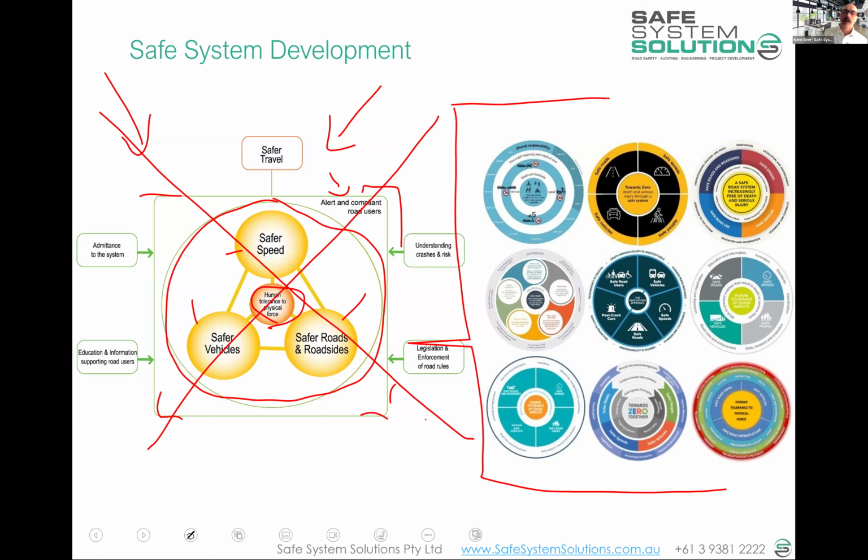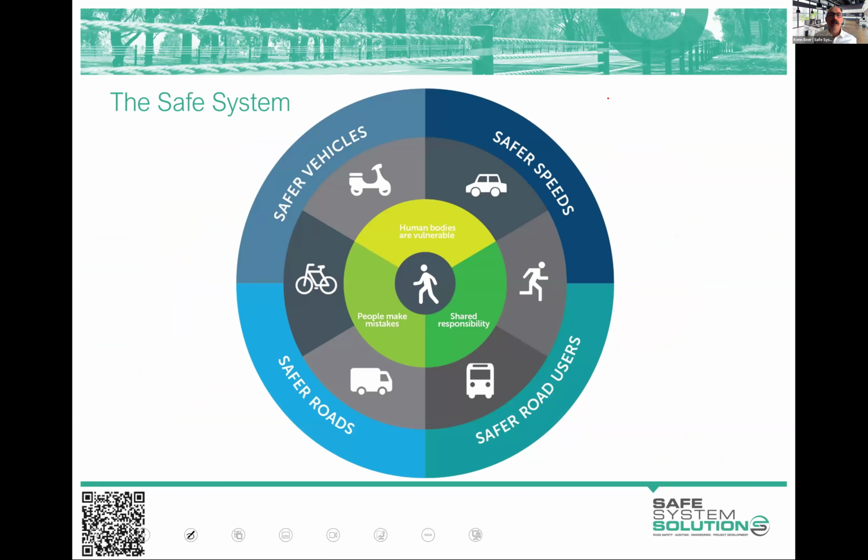But anyway, we then came up with all these new diagrams of the safe system. Everybody jumped in and got on board, and different circles, and you might recognize one or two of those. I'm going to talk to this simplistic one just for the ease of discussion. At the center of the system, we've got human. And what we're trying to do is eliminate death and serious injury for humans. It doesn't necessarily mean eliminating crashes.